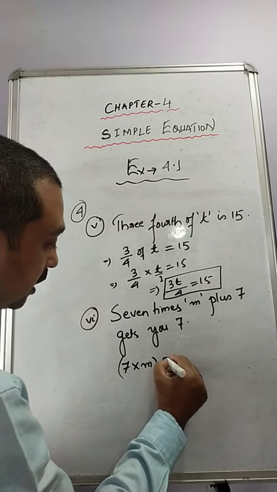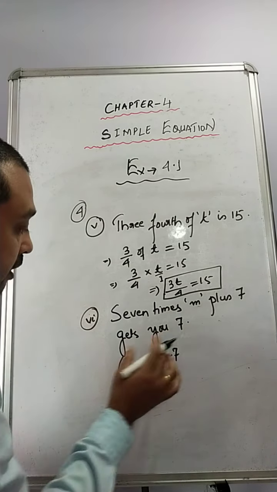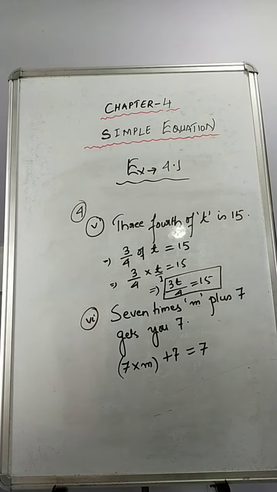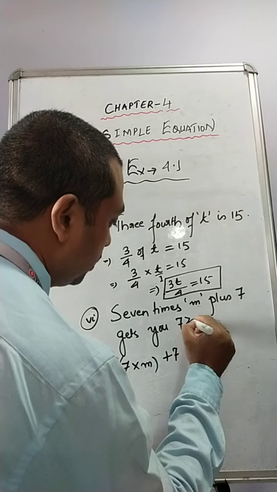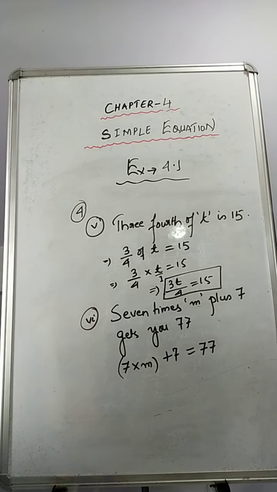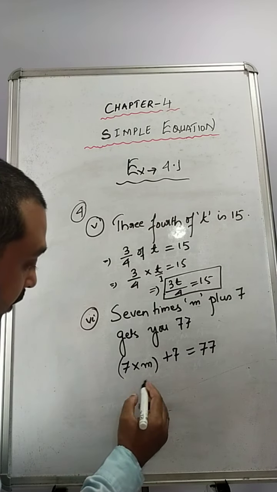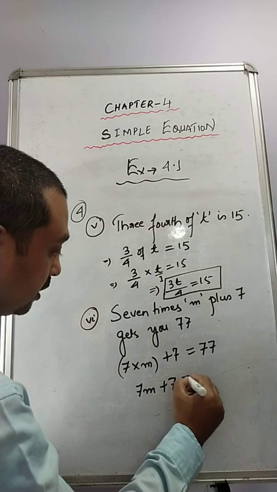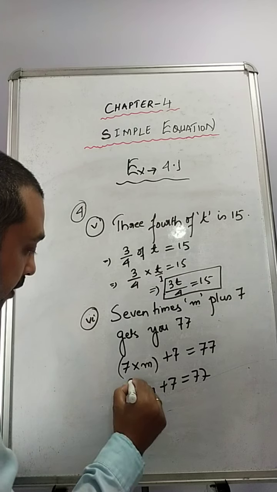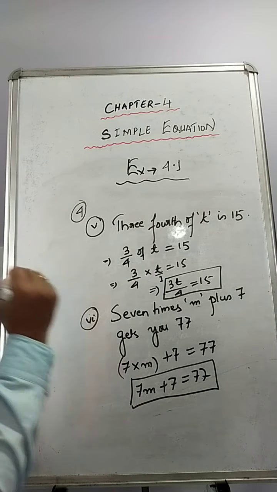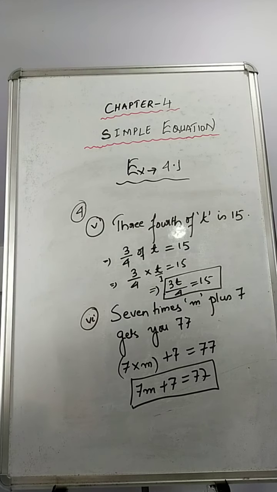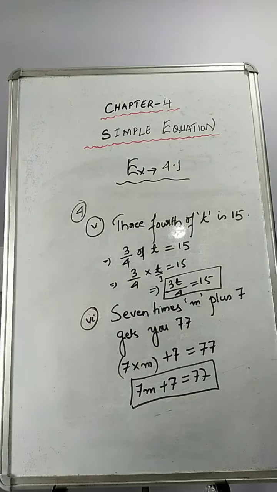When added with 7, that is plus 7, gets you, means equals to, 77. So it would be 7m plus 7 equals 77. So this is the required equation of sum number 6. Now let's move on to sum number 7.